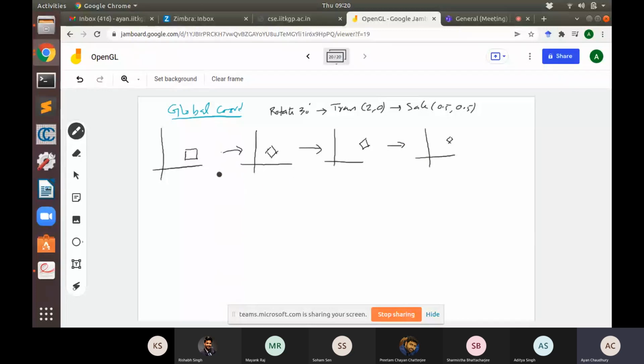Okay. So now if you consider it from a local coordinate view, what will happen? So this was your original object here. So you rotate. Right? Okay.